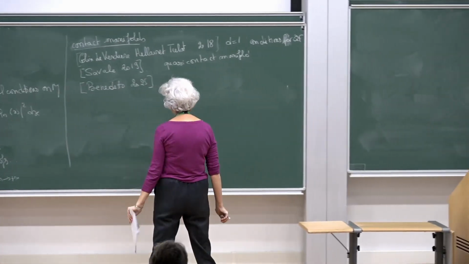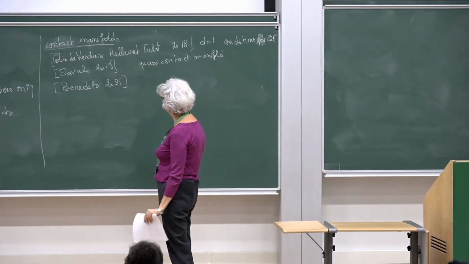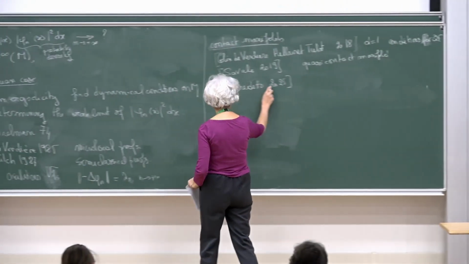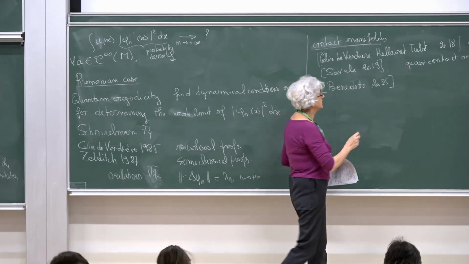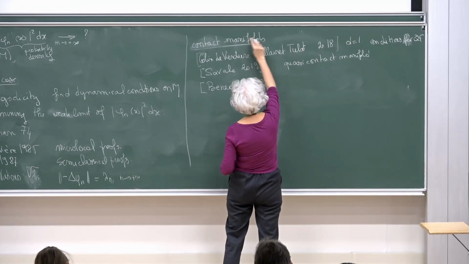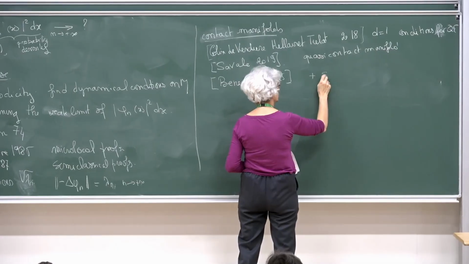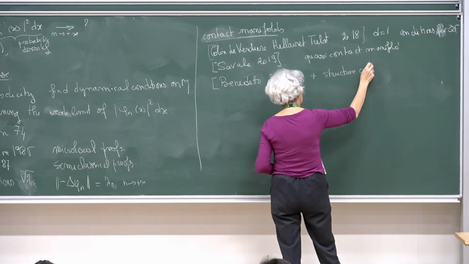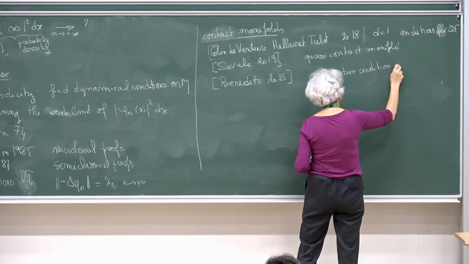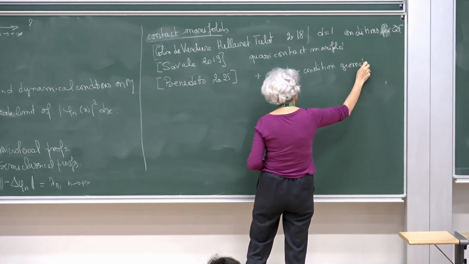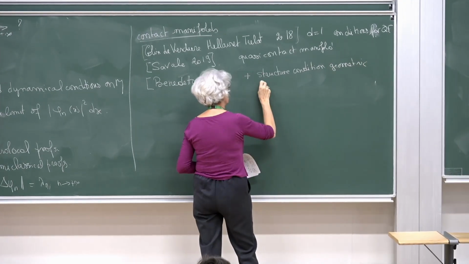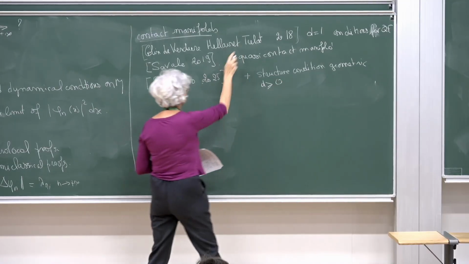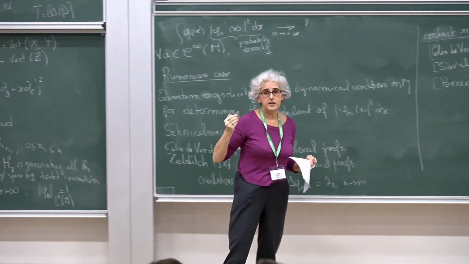So what I want to explain today is the result of Benedetto. He takes a contact manifold with some geometric structure condition, which I will not detail, and in that manner he can extend the result of Clotilde Fermanian to any dimension.